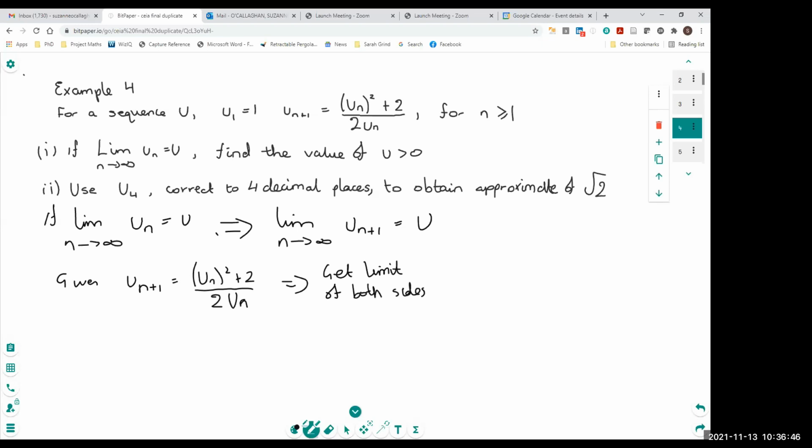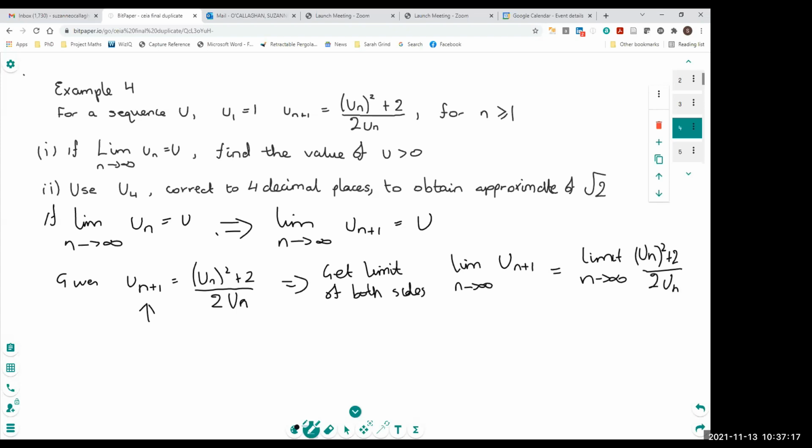We have the limit as n approaches infinity of u of n plus 1, that's coming from here, is equal to the limit as n approaches infinity of u of n squared plus 2 all over twice u of n.